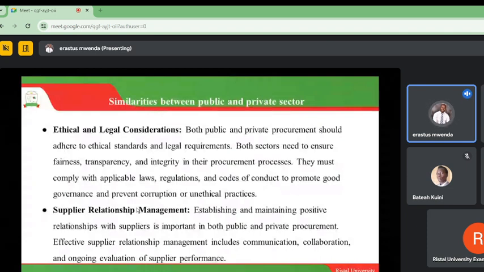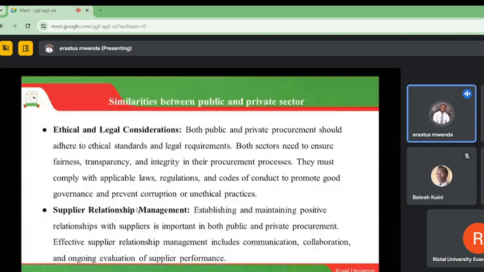Supplier evaluation is part of building a relationship, so that if your supplier has not met the obligations that you set out for them, then you can provide avenues for them to improve or decide to look for another supplier. So that relationship is important, and it is similar on either side, private or public.